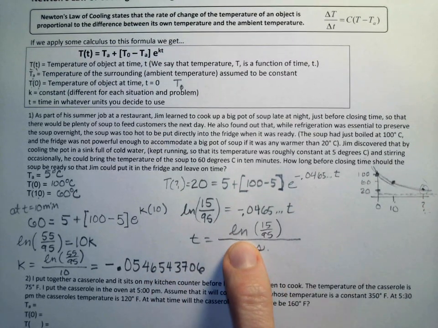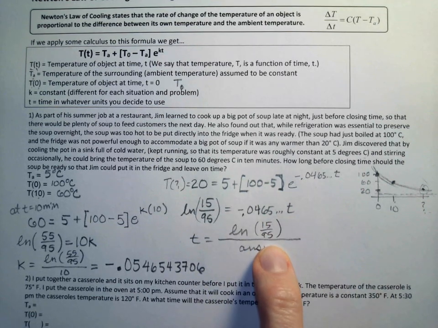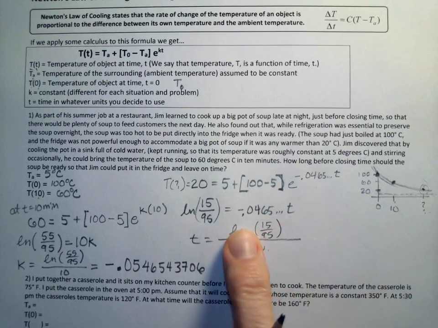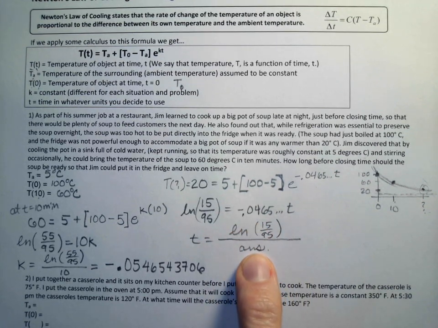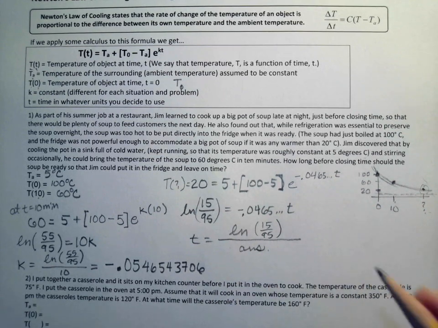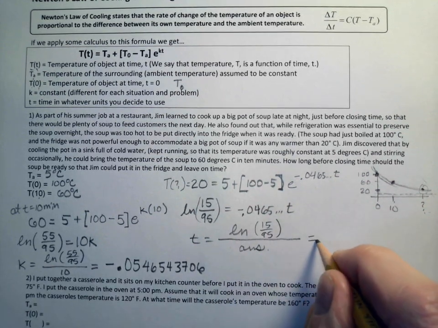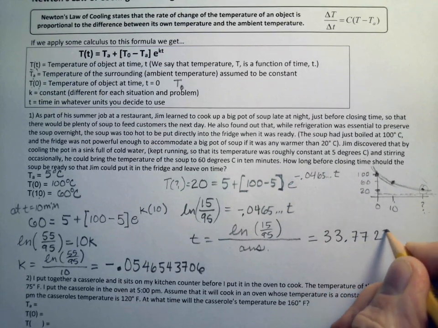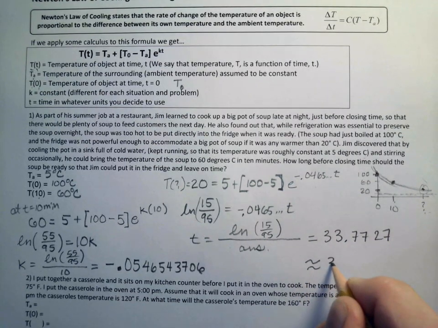Now do natural log of 15 over 95, and then divide that answer by the previous answer. And if you're able to do that without touching your calculator in between, you should get 33.7727. So we'd say about 34 minutes.